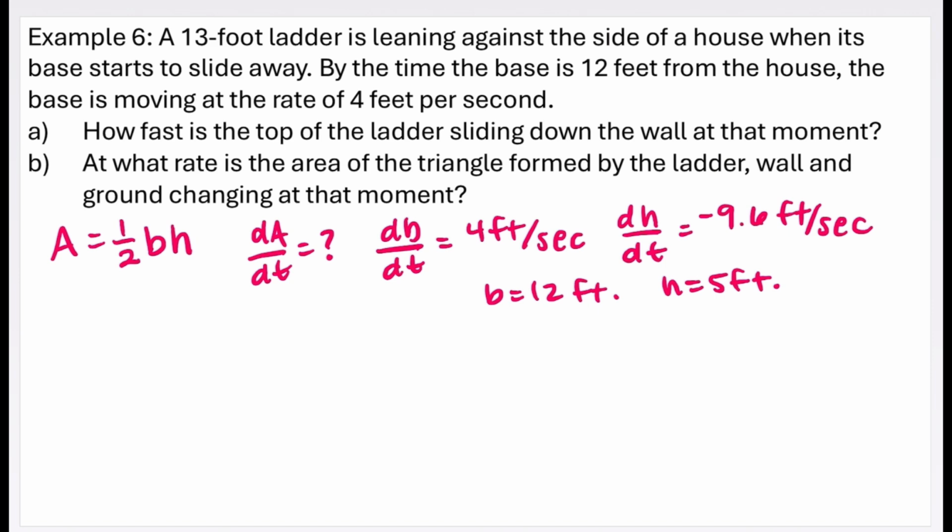So that's all the information that I have and that I need to be able to do this problem. So I'm going to start by finding the derivative of this function. So I'll have dA over dt. Now, on this side, I have two functions. I have 1/2 b and I have h. So I'm going to have to do the product rule. So I'll have 1/2 times h plus 1/2 b. Whoops, forgot my dB/dt. Give me just a second.